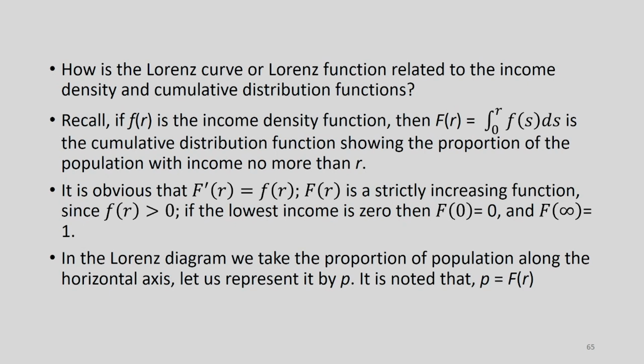Now, the question that arises is mathematically how these two things are related. How is the Lorenz curve or Lorenz function related to the income density and cumulative distribution functions?